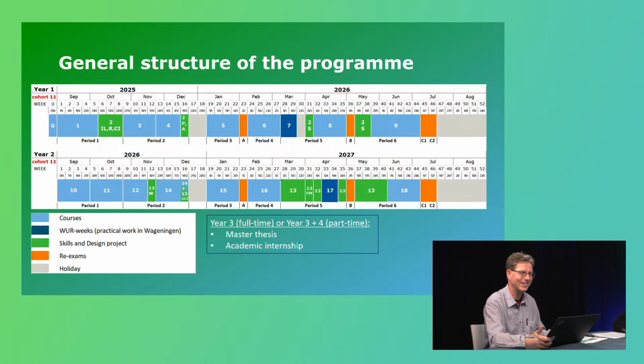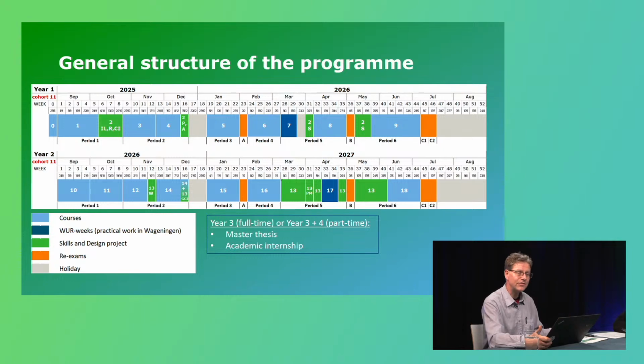And the gray blocks, those are holidays. Also really important, around Christmas and during summer. So that's the first 2 years. That's offered in a part-time fashion, 20 hours per week, we always say, which is quite much.